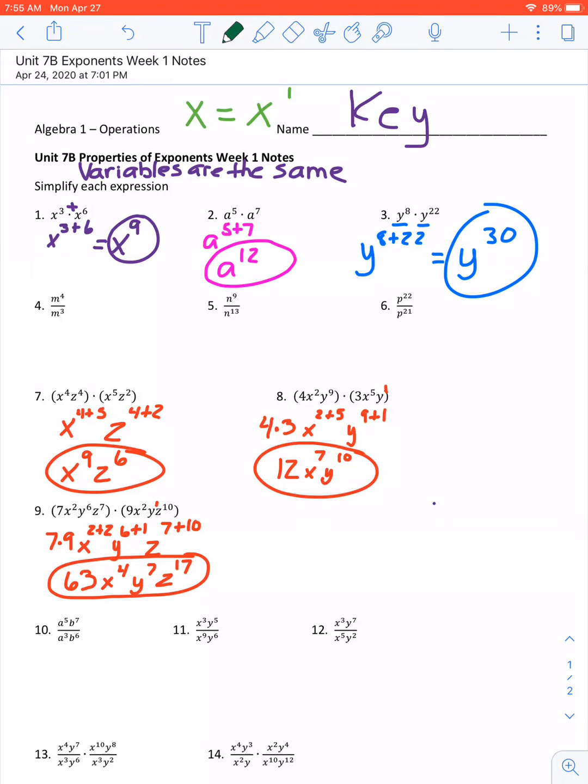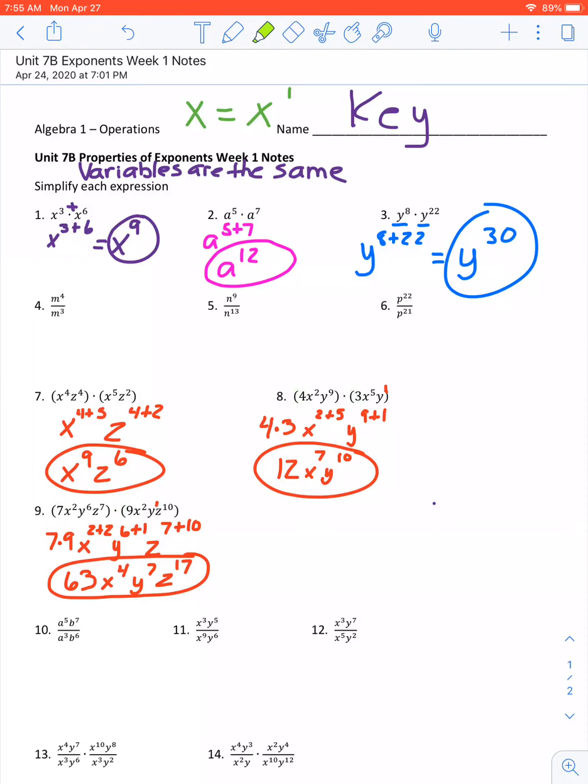Well, you still only combine the exponents of your variables. And if you have coefficients like you do on 8, that 4 and that 3, you multiply the coefficients together. The same thing on number 9 with 7 and 9, you multiply the coefficients together, just like you normally would, okay? So that kind of sums up product property.